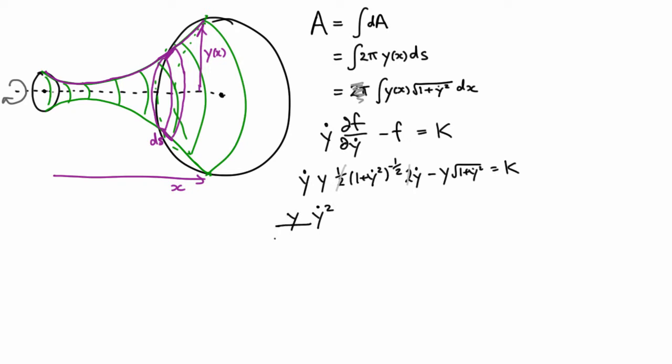We've also, if we take out a factor of 1 plus y dot squared on the bottom, we get a y dot squared minus y, one of those squared, which you'll notice has actually worked very well, because the y dot squareds have cancelled, so we've just got a y on square root 1 plus y dot squared equals minus k. And the minus sign doesn't matter much because k was some arbitrary constant in the first place. So this is the equation we have to solve.